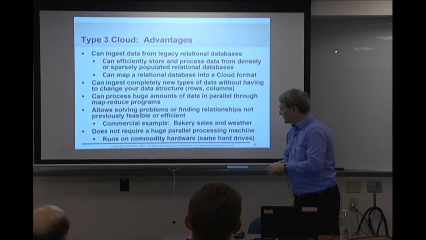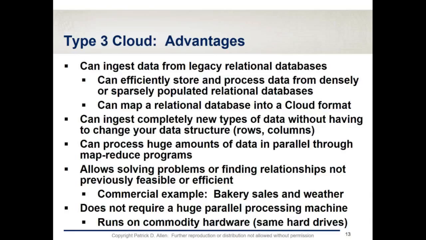Also, it allows for solving problems of finding relationships that were previously not feasible or efficient. Bakery sales and weather. What they looked at was that no bakery wants to bake a lot of stuff that they're not going to sell. They've got to throw it out. Big waste. So they did some analysis using cloud computing and found that on rainy days, people are more likely to eat chocolate-type things like cake.